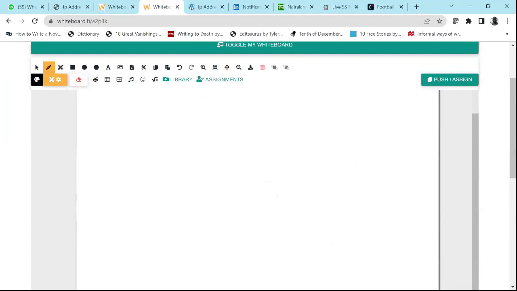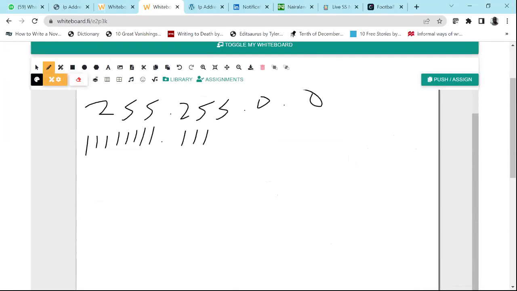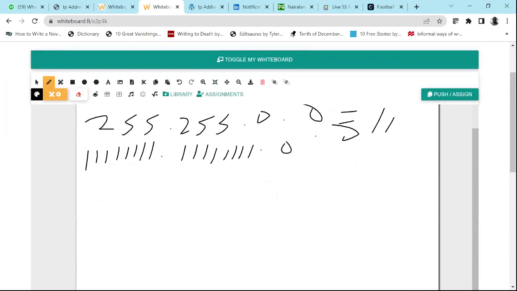So in that same vein, 255.255.0.0 in all binaries will be 1, 2, 3, 4, 5, 6, 7, 8 dot 1, 2, 3, 4, 5, 6, 7, 8 dot 0.0. And if you count all this, this would be the same thing as writing /16.